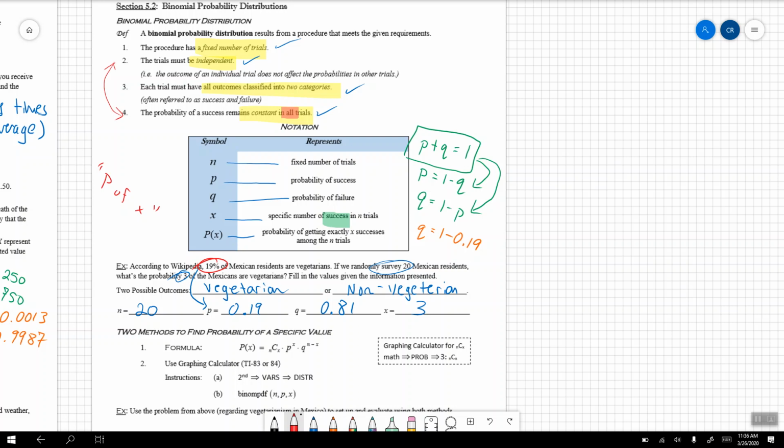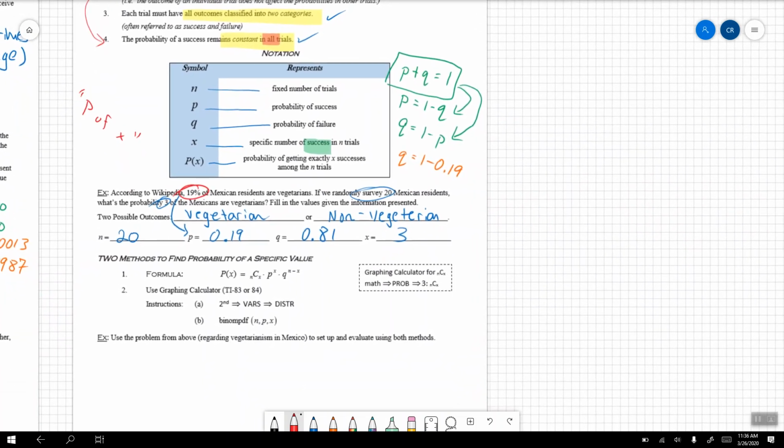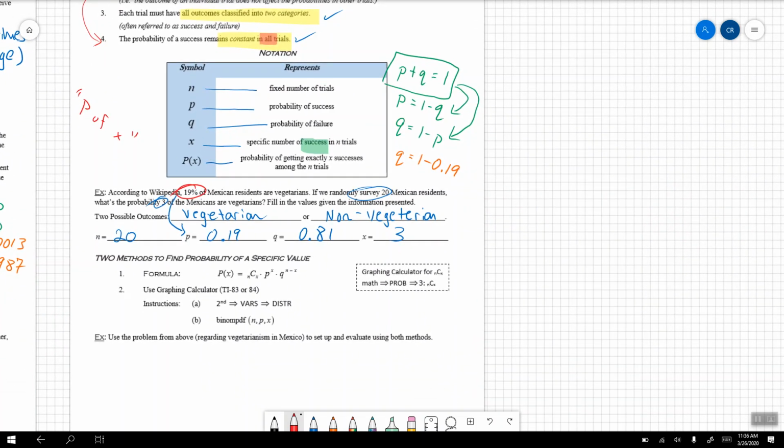So now that we've extracted all this information from this problem, we can start seeing how we are going to apply this probability distribution. Now, there is a formula for this. The formula for the probability distribution is given here, and I'm going to highlight this in yellow. Since we're using the TI-84s, it's going to be irrelevant for us, because the TI-84 uses embedded programs.